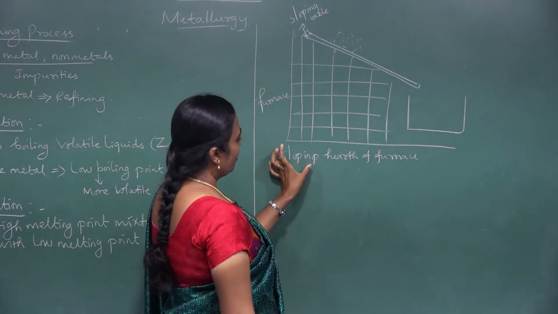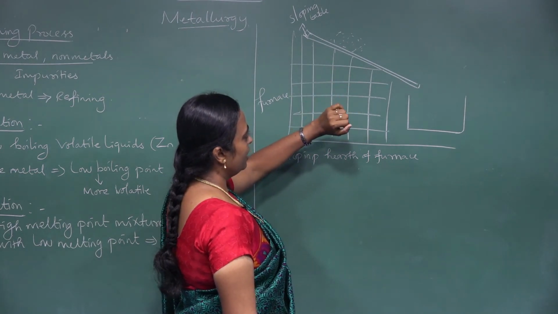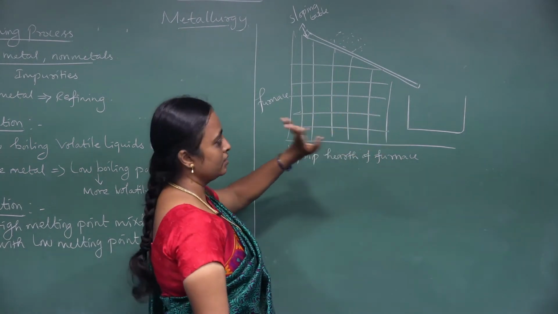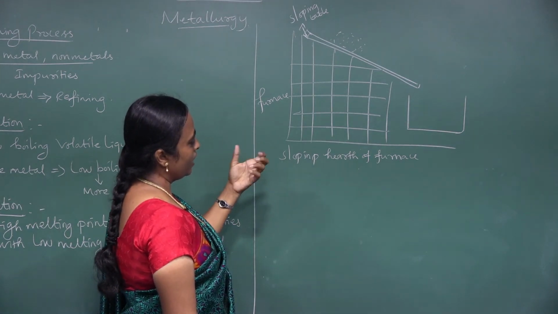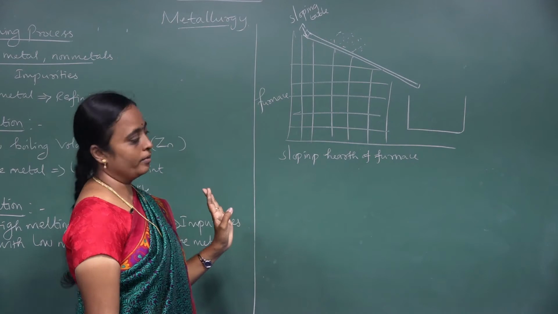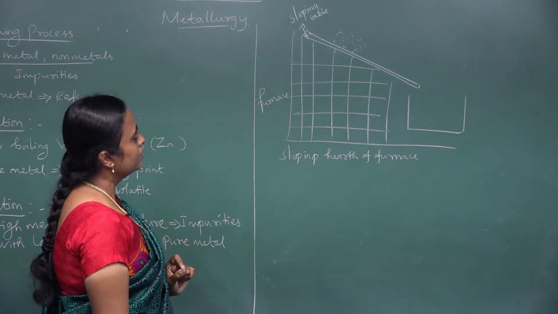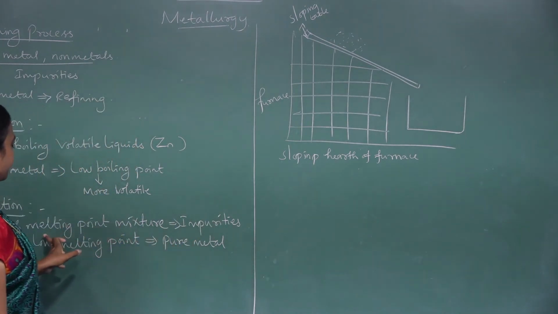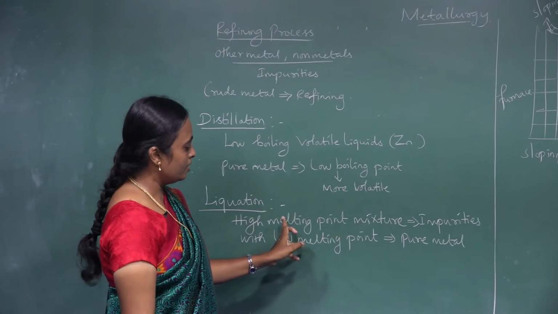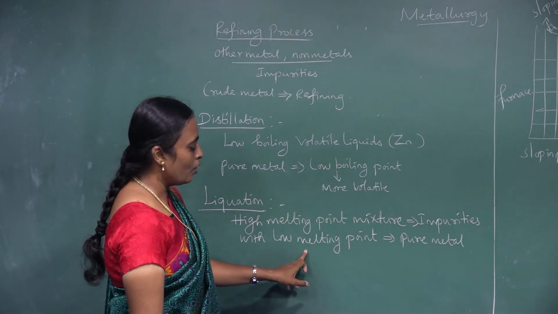Whenever you heat those metals, the metal melts and is converted into liquid form. The impurities have a very high melting point, and the pure metal has a low melting point.